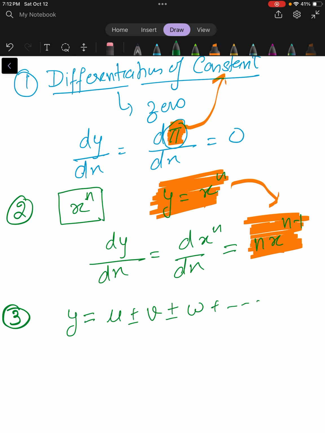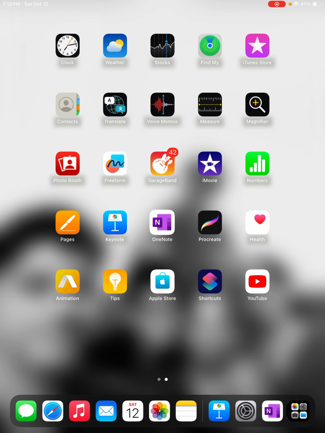In the same way we can have n number of additions and subtractions. Another important point is that u, v and w are functions of x. Let me write it correctly, sorry I missed this point.